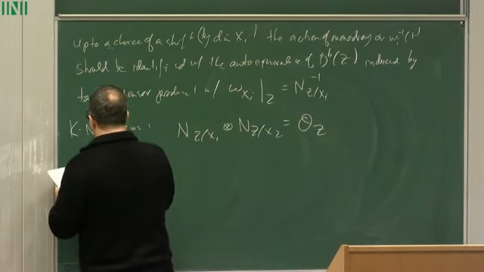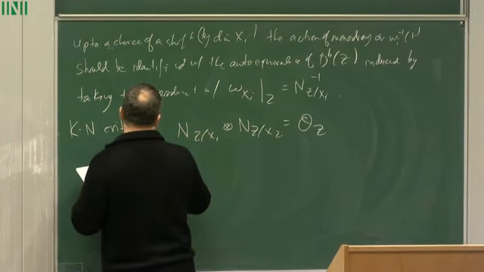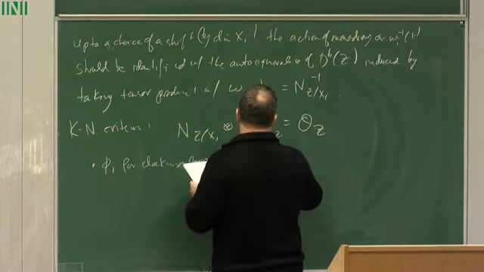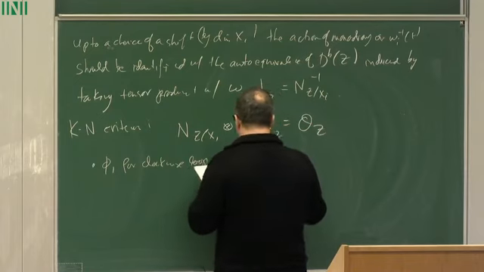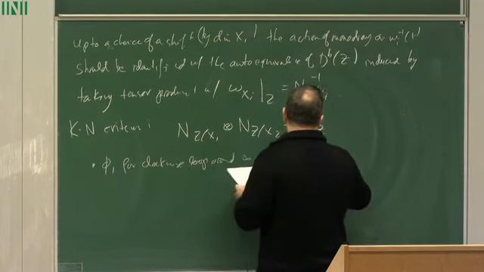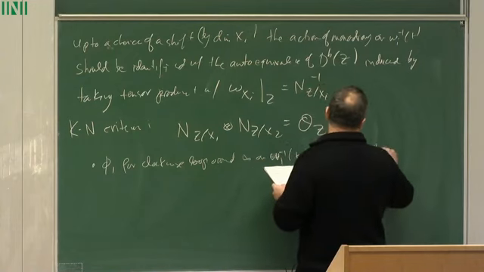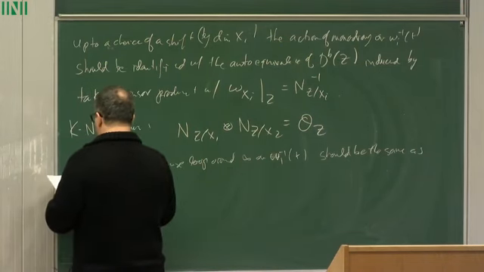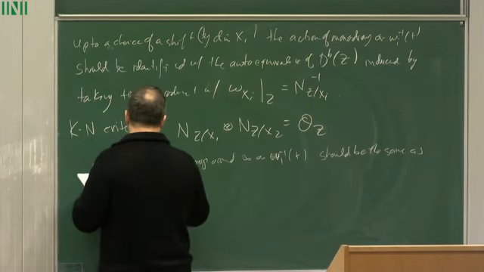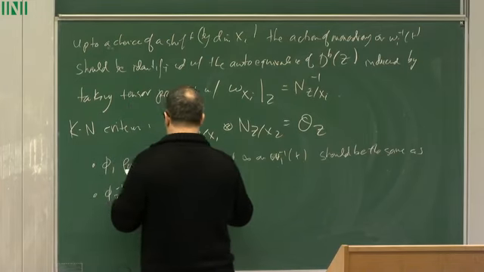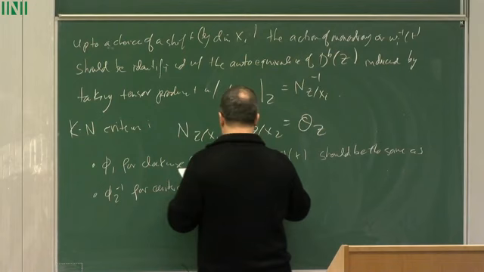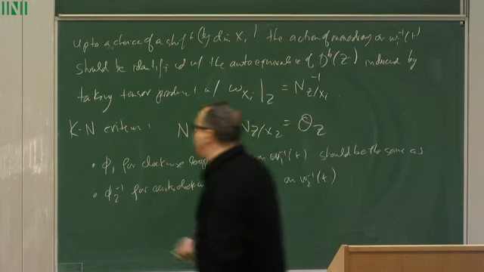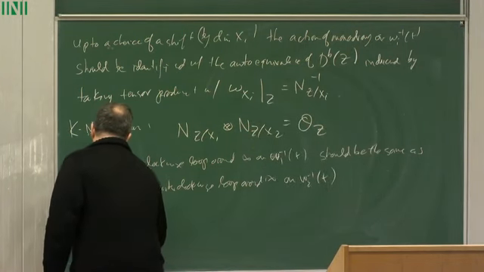So you get phi 1 for a clockwise loop around infinity on W1 inverse of t should be the same as phi 2 inverse for a counterclockwise loop around infinity on W2 inverse of t. Okay? And so this suggested the topological gluing.